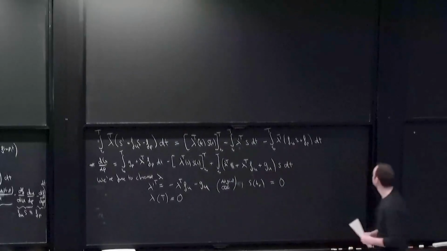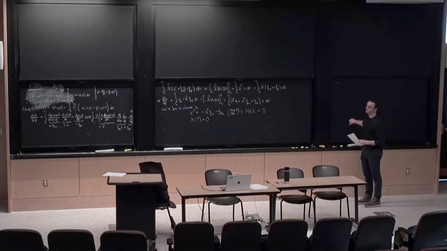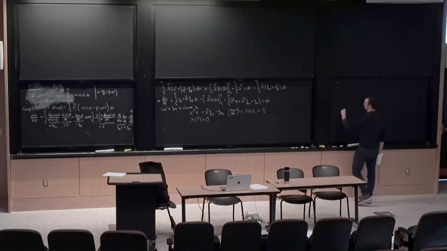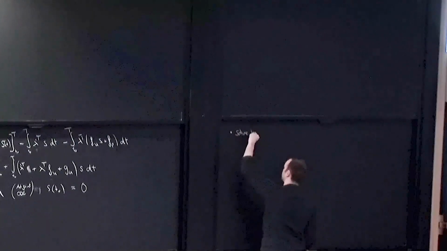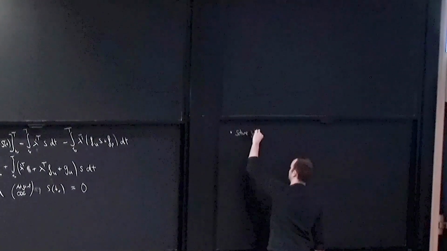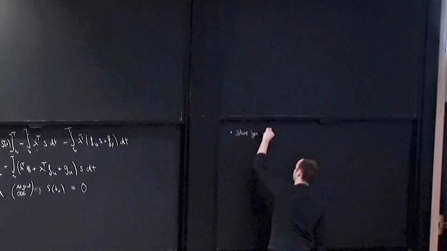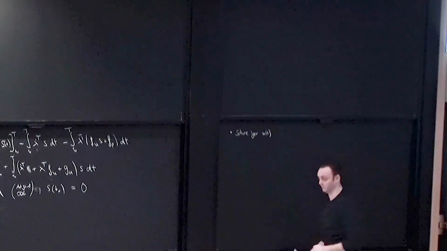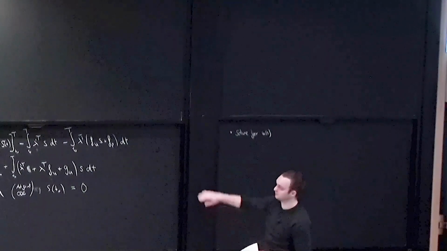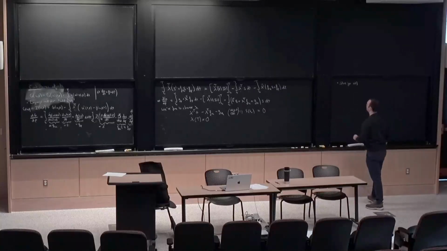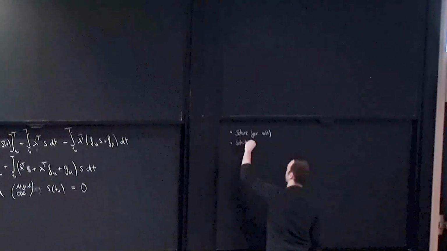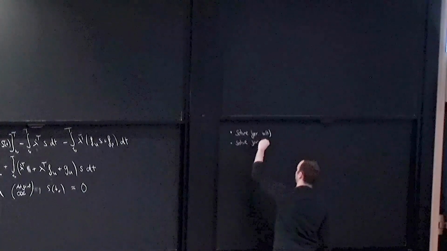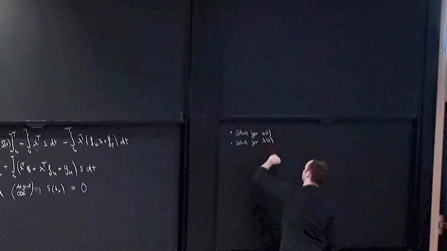So to solve for the quantity we're interested in, we basically have a 3-step procedure. We first solve for u of t. That's at least the easiest way to think about it. We first solve the ODE for u of t, then we have that information. In the next step, we solve for lambda of t.